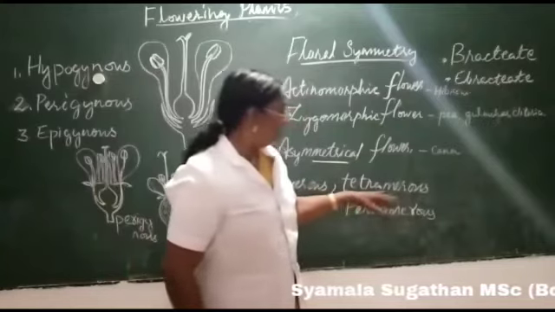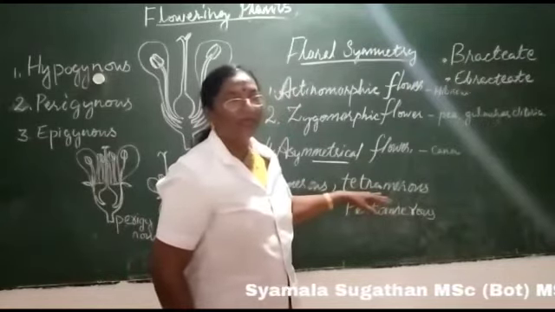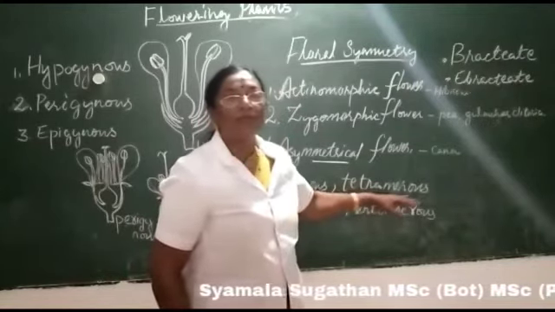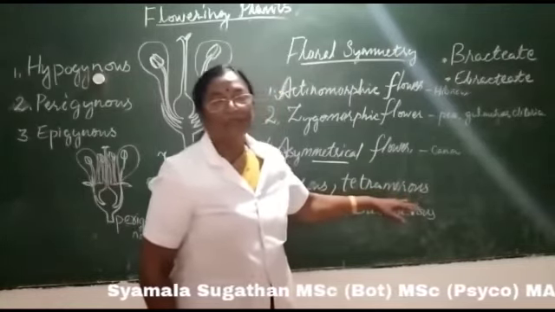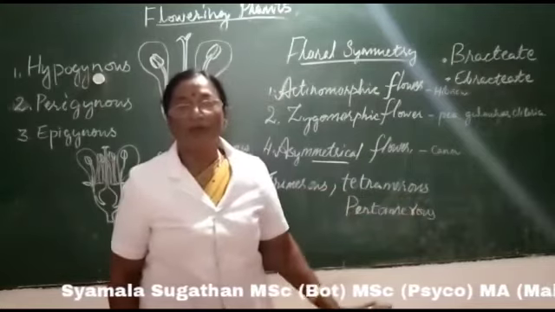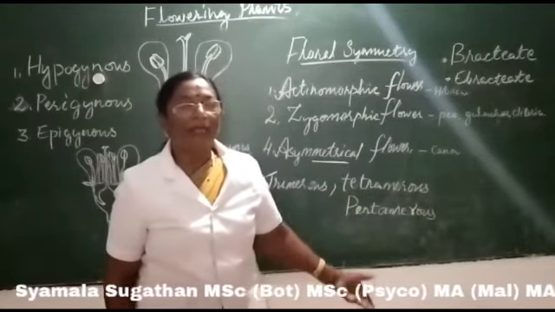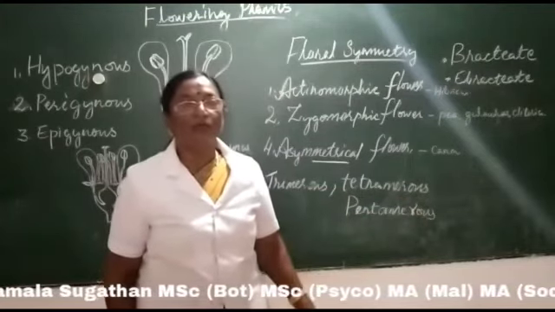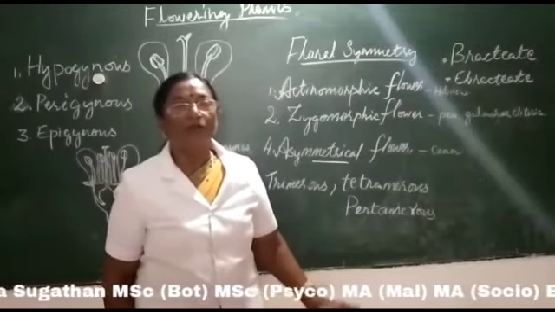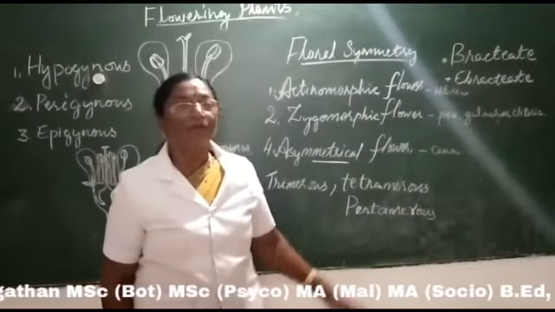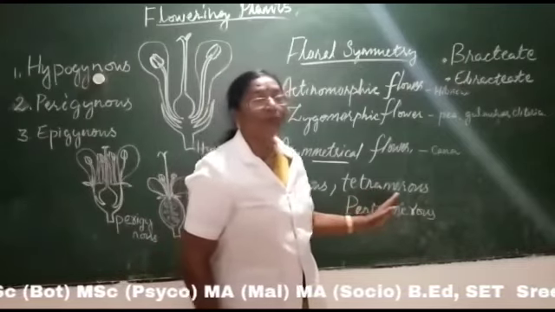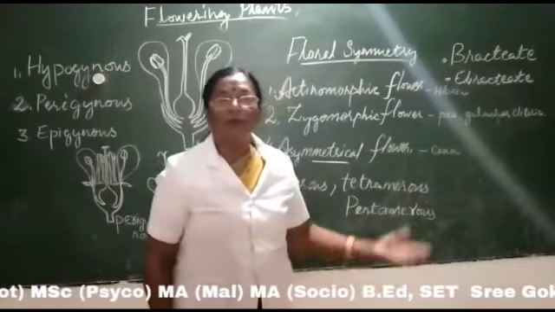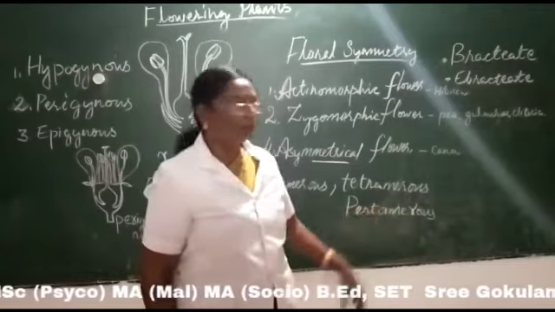When the floral leaves are arranged in each whorl having 4 or multiples of 4, it is called tetramerous condition. That is, calyx consists of 4 sepals, corolla consists of 4 petals, androecium is formed of 4 or multiples of 4, and here gynoecium is also formed of 2 or 4 and multiples of 4.